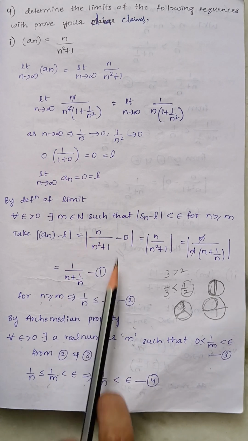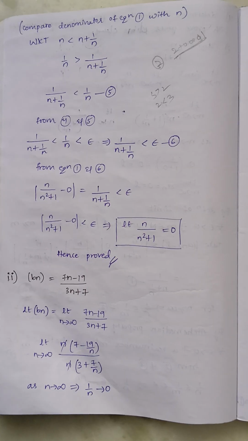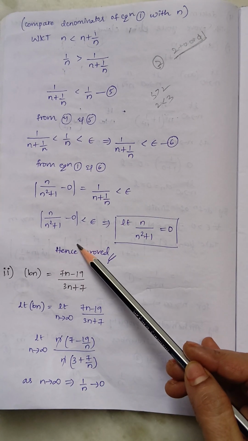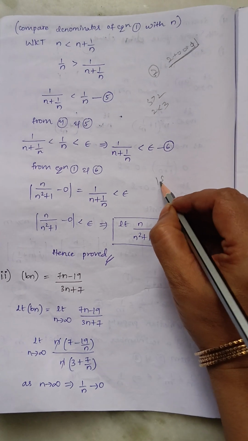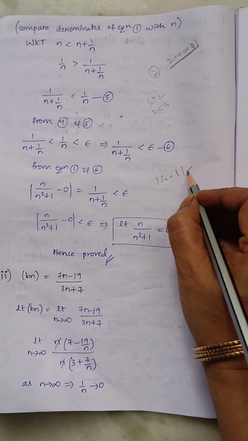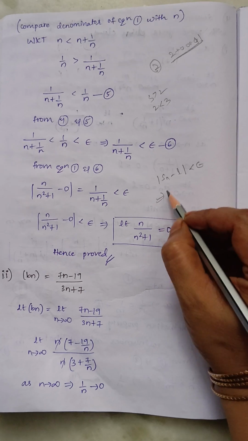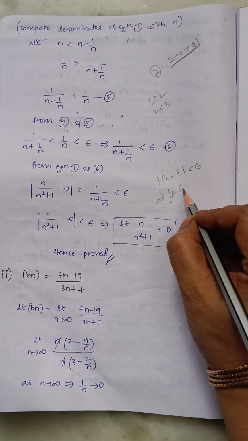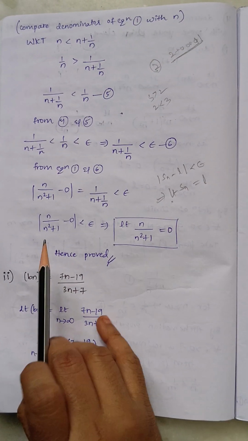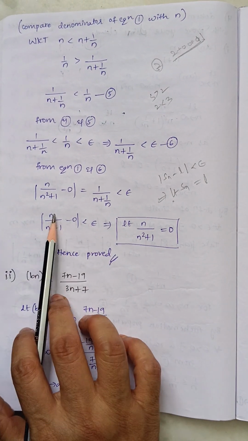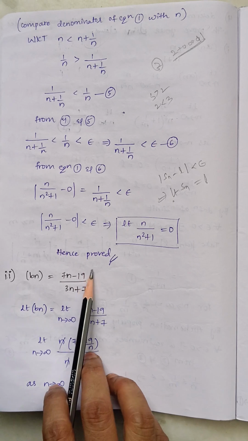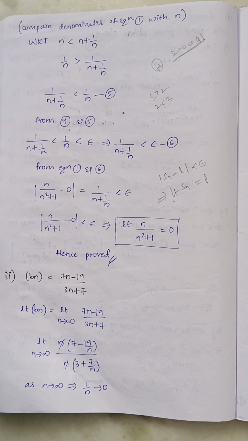So the modulus of Sn minus L is less than epsilon, which in notation is the limit of Sn equal to L. Hence we proved it by using the definition.